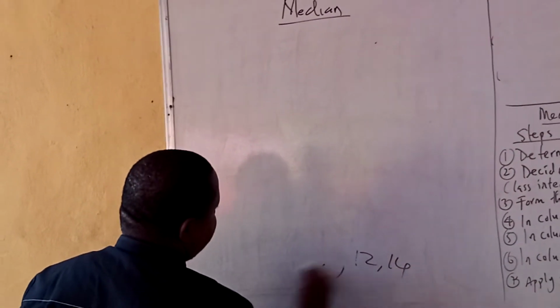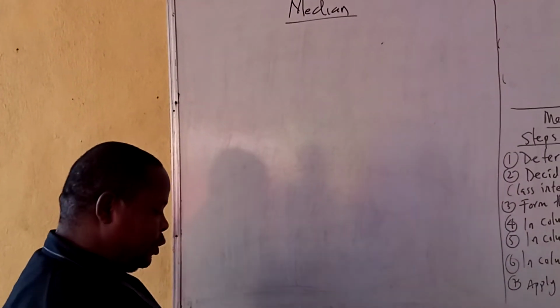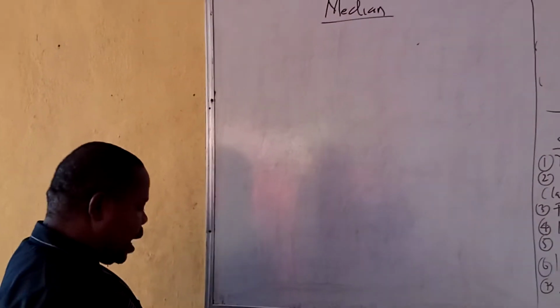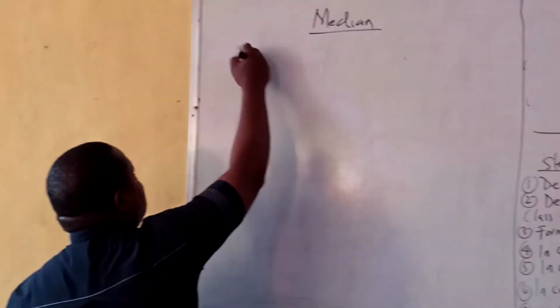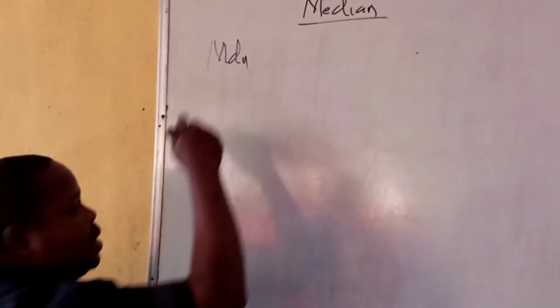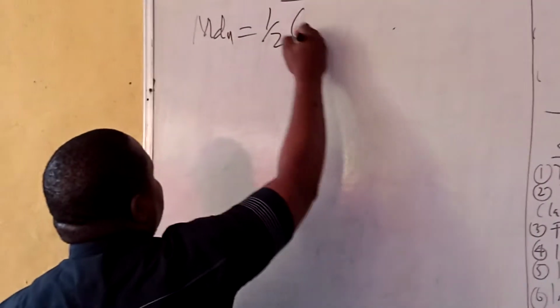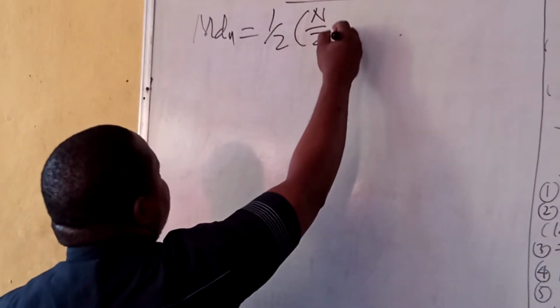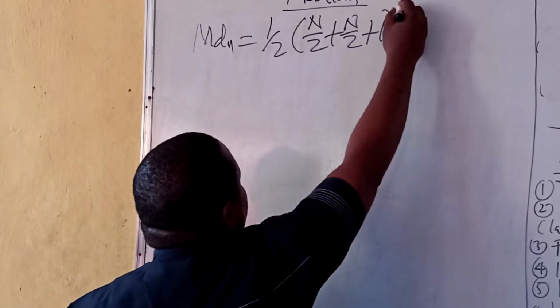How to calculate it? Remember, I've said that the formula changes. For a data that is even numbered, the formula for median, MDN, is given as half into n over 2 plus n over 2 plus 1 position.